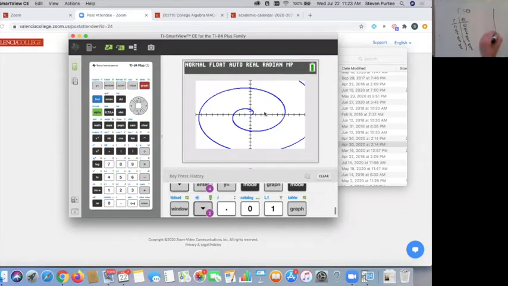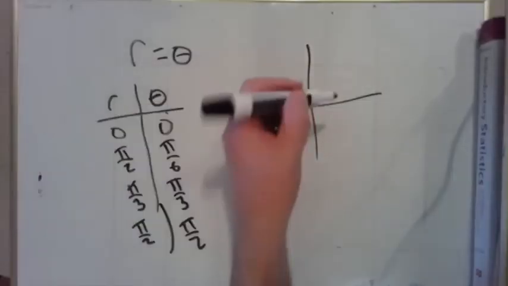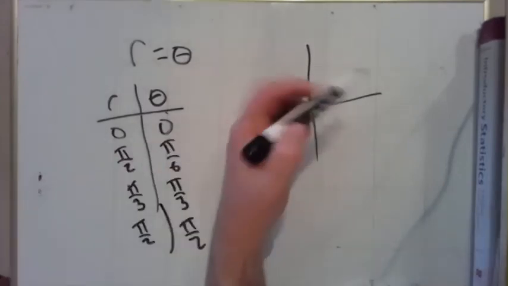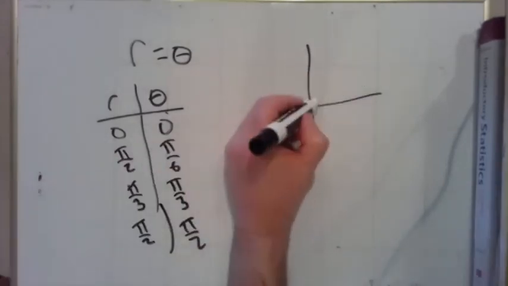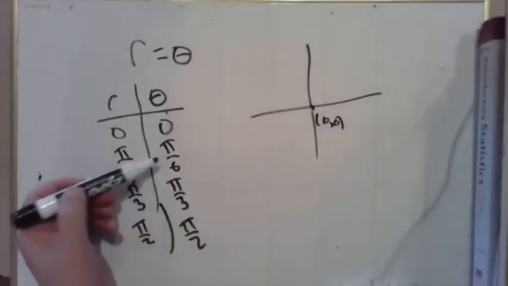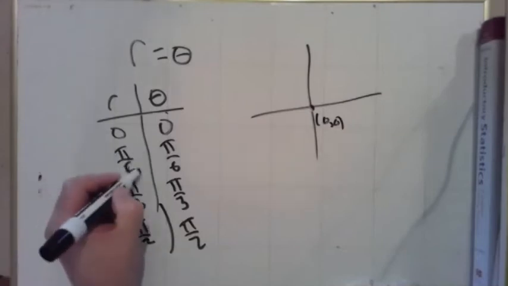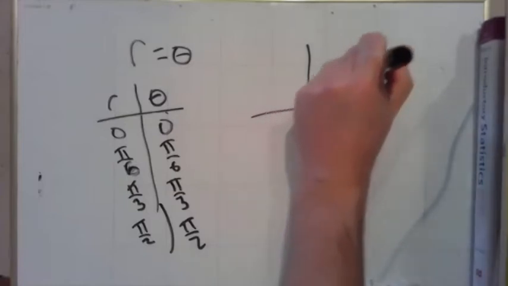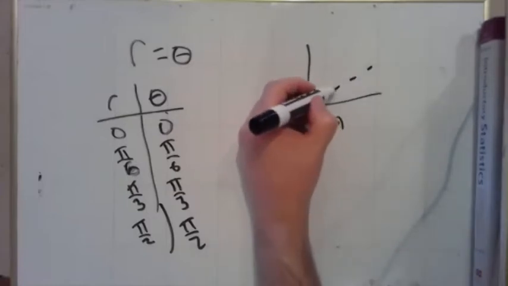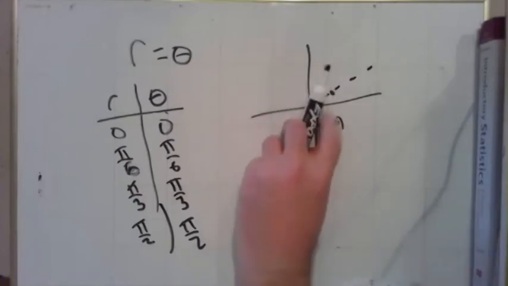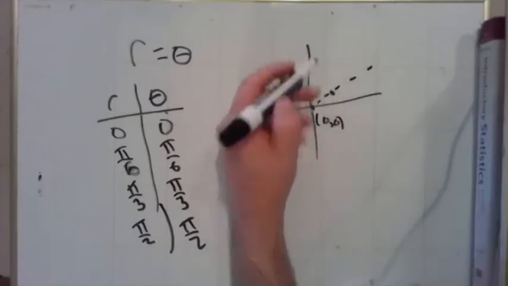So if we were to plot this point by point, we do the angle first and then the distance. At an angle of 0, I go out a distance of 0. That's the point 0, 0. At an angle of 30 degrees, pi over 6, I go out a distance of pi over 6, which is about a half. At an angle of 60 degrees, I go out twice the distance.